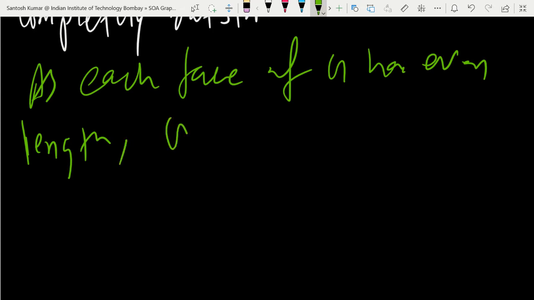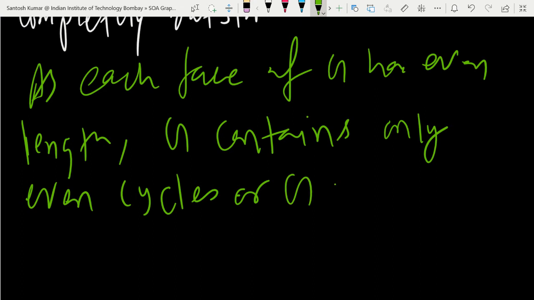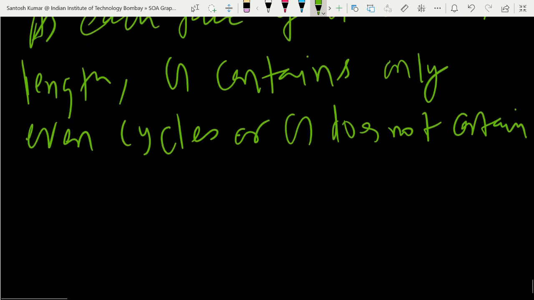So G contains only even cycles. Or you can say in other words, G does not contain any odd cycles.